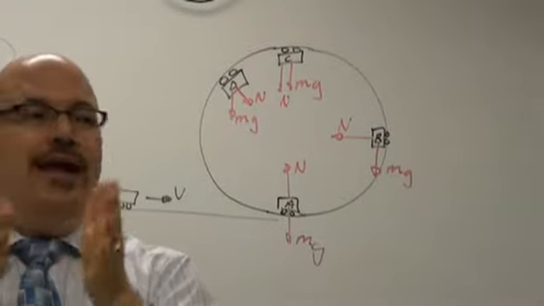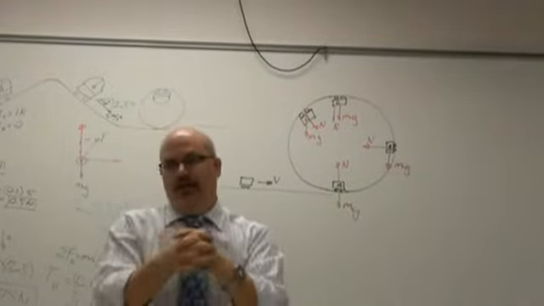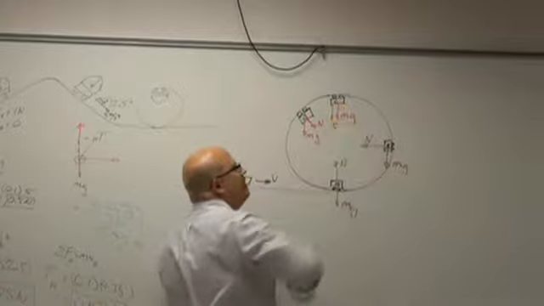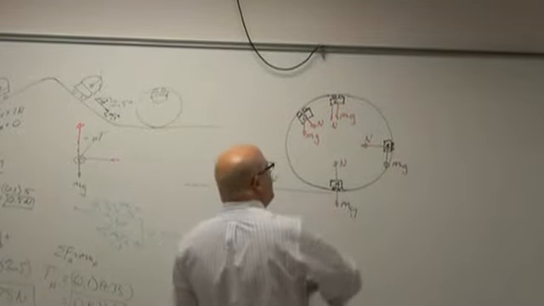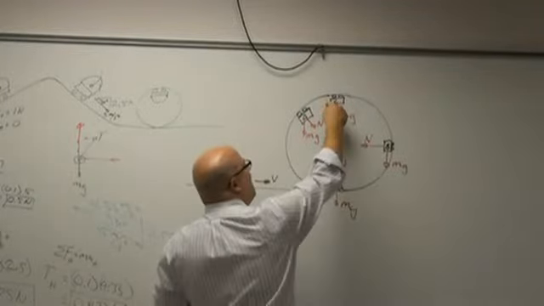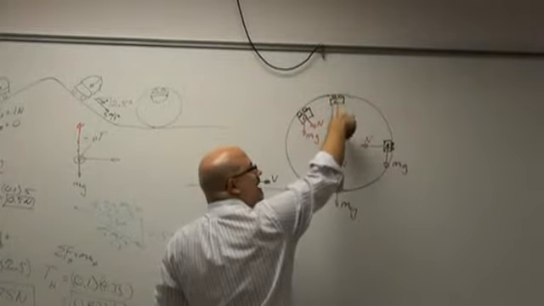So will it be speeding up or slowing down at that instant? No, right at that instant, it's going to be at its maximum speed because that's at the lowest point of the curve. At the top, notice once again, the velocity of the object is to the left. The forces are both straight down.